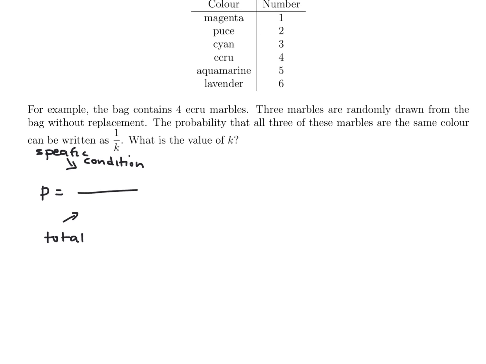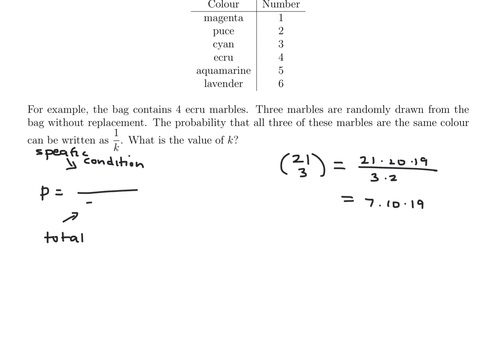So the total is just from 21, you choose 3 without any conditions. So that is 21 times 20 times 19 over 3 times 2. So that looks like 7 times 10 times 19. So that's going to be in the bottom denominator.